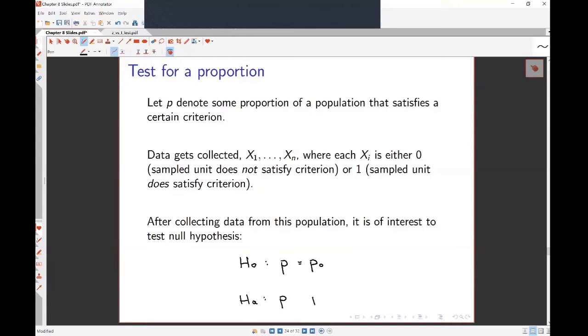And the alternative hypothesis here can have three different forms. Complete negation would just be P is not equal to P naught. But the two partial negation options could be that P is greater than P naught or that P is less than P naught. And these just determine how you calculate your rejection region, or how you calculate your p-value.